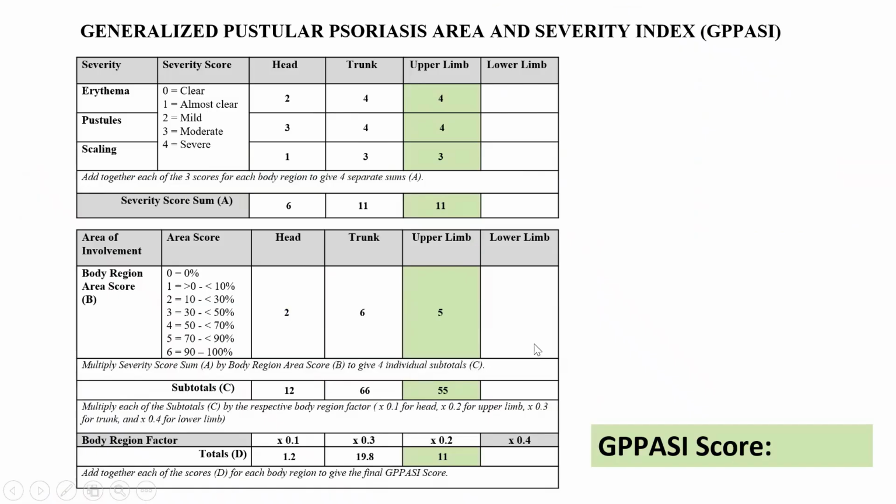So for this patient, I would score erythema and pustules as 4 each, scaling of 3. So it gives a score of 11. And for the area, it's quite extensively involved, between 70 to 90% of the arm surface area, which gives a score of 5. So 11 times 5 is 55, and the arms are weighted 0.2. So the total score for the arm is 11.